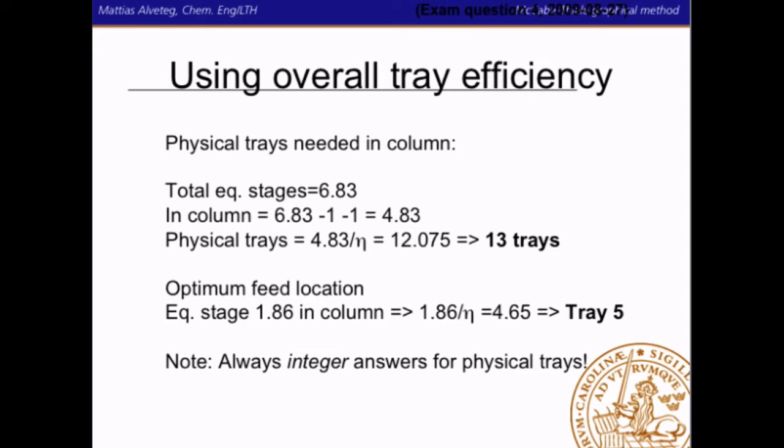So we divide the equilibrium stage with the overall tray efficiency and get 4.65, which means on tray 5, physical tray 5 inside the column. So remember, always answer with integer if you're asked how many physical trays or what the physical feed location will be.